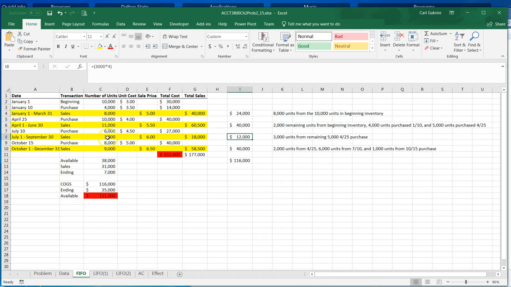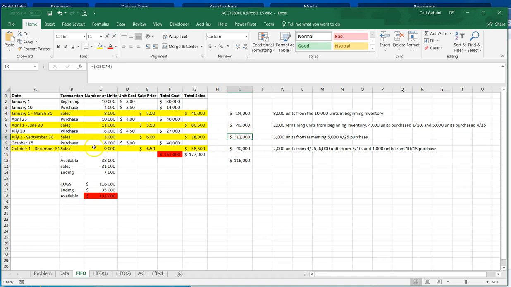Okay, we're selling 3,000. First in, first out means we go back to the April 25th and use up those units first, the costs associated with those units first. And so we have 3,000 units at $4 per unit. And that leaves us with 2,000 units from April 25th and the 6,000 units from July 10th in inventory.